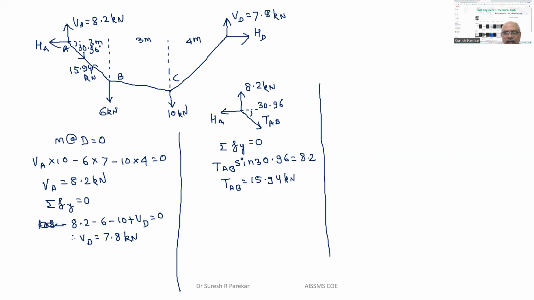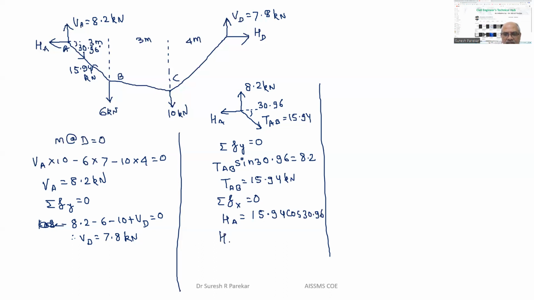Then we have to apply summation Fx equal to 0. I am using direct values. So we have HA equal to, now we have tension in the cable is 15.94, so 15.94 cos 30.96.